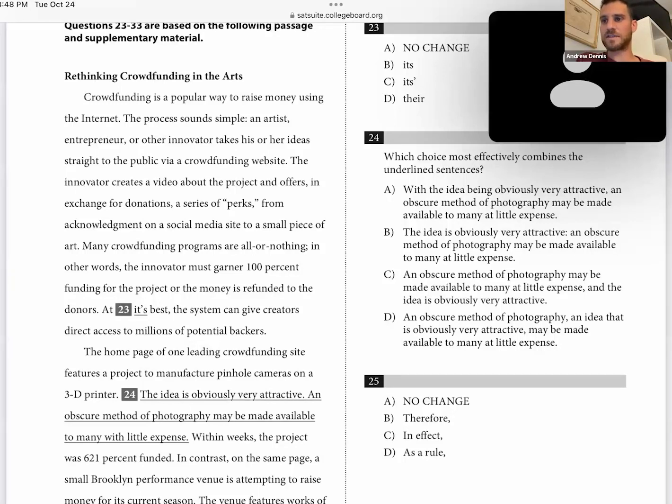The idea is obviously very attractive. An obscure method of photography may be made available to many at low expense. Not bad. An obscure method of photography may be made available to many at low expense, and the idea is obviously very attractive. An obscure method of photography, an idea that is obviously very attractive, may be made available to many at little expense. Which ones do we like or dislike here for number 24?